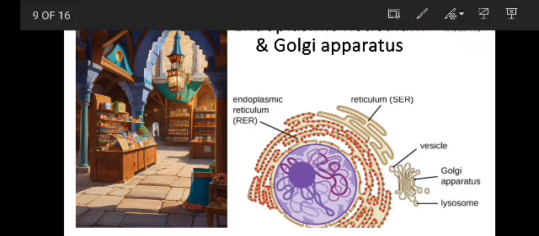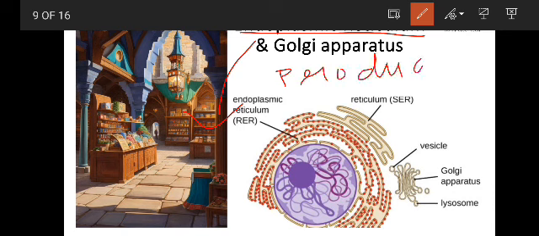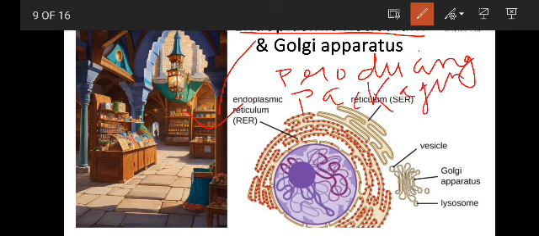The endoplasmic reticulum was akin to a busy market with various stalls and shops. It was responsible for producing and packaging goods, or in this case, proteins and lipids.